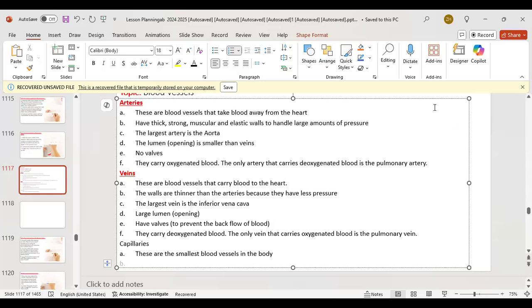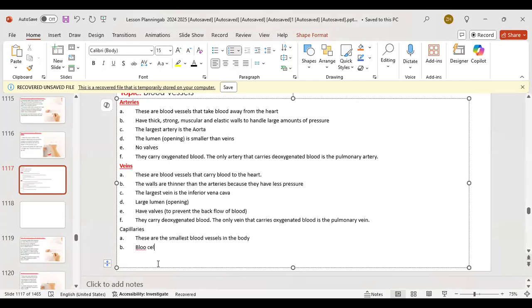They are about one cell thick. And blood cells travel in single file through these vessels. Okay.